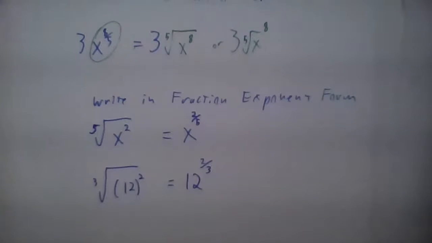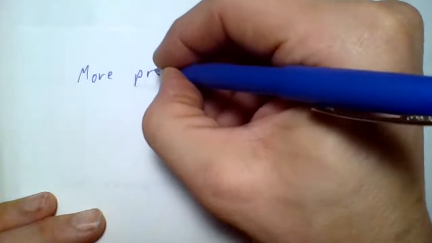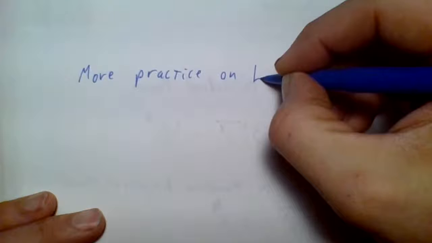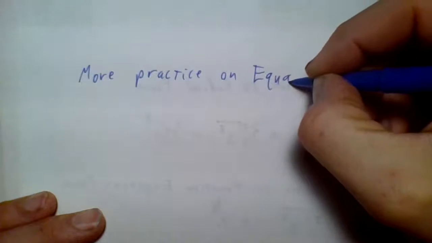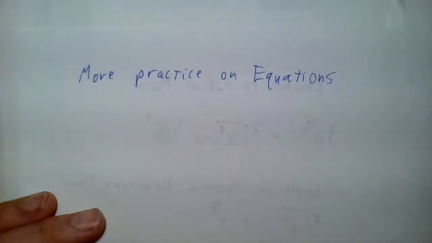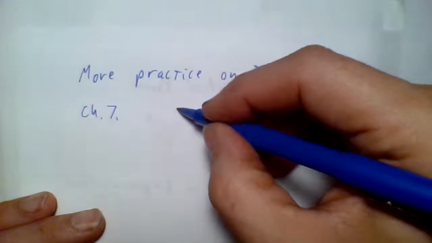So here's the next topic, review. Try to get a little more practice on equations. We keep throwing in one more complicated thing and then solving equations with it. And in chapter 7, the new thing was these denominators.